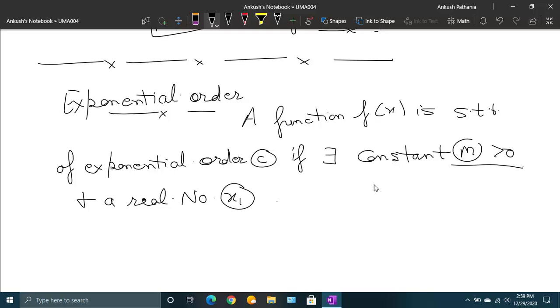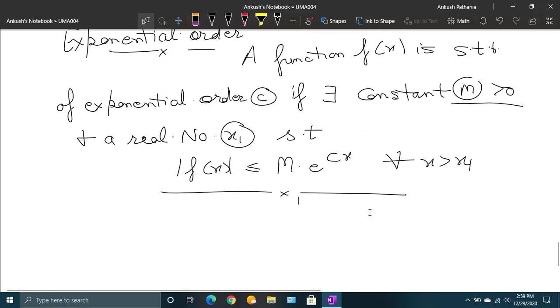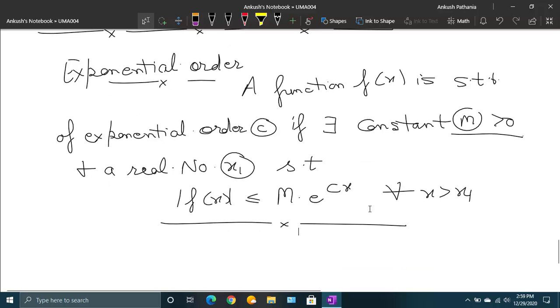such that mod f(x) is less than or equal to M times e raised to power cx for all x greater than x1. So this is the definition of when a function is said to be of exponential order.